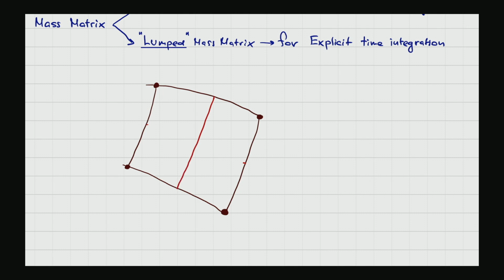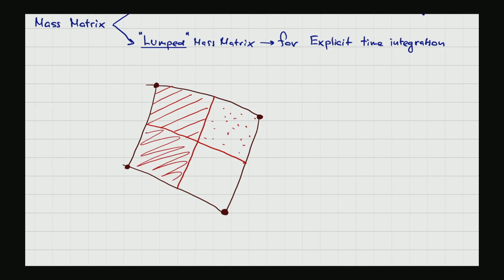For the linear shape function, you can have something like this, and then you assign the area. So you take each area and multiply by rho, which is the density, and then you assign it to a point.